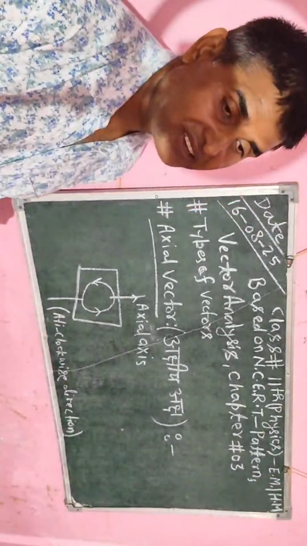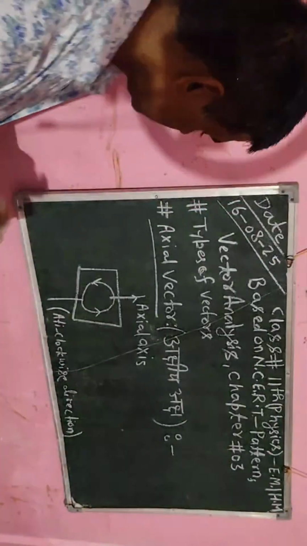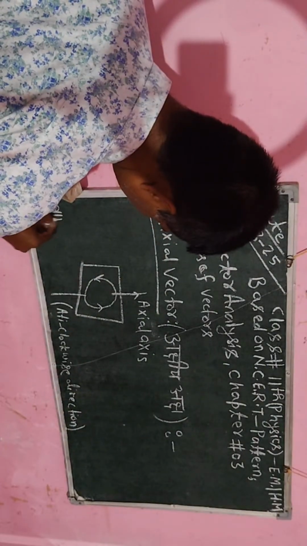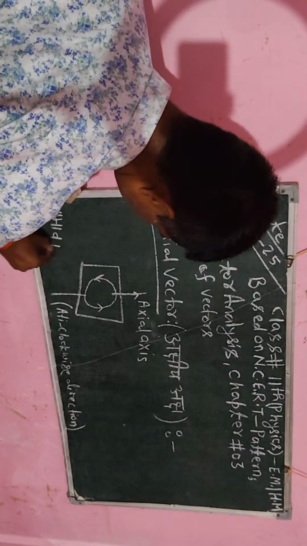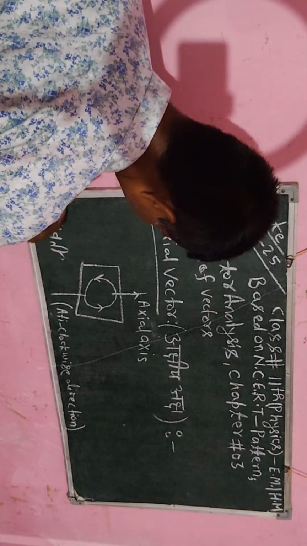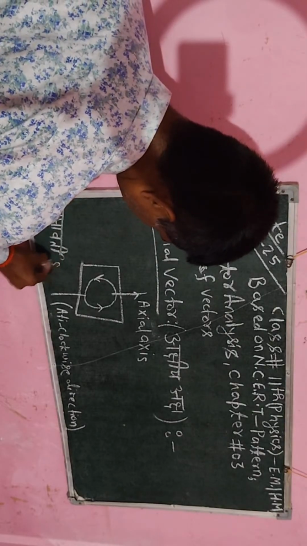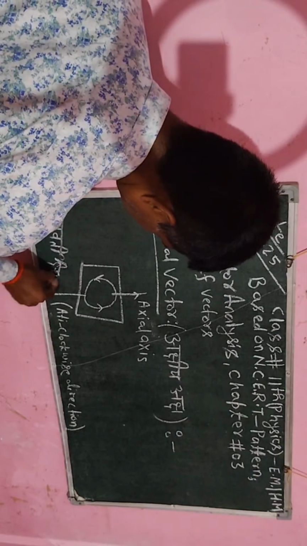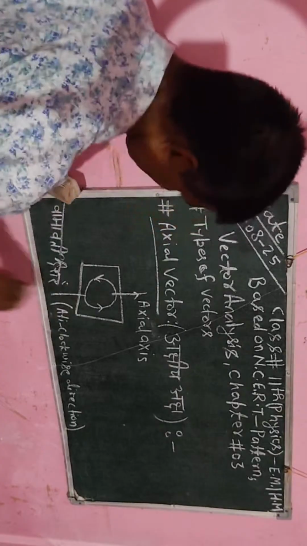Anti-clockwise direction is written in Hindi as वामवर्ती दिशा.